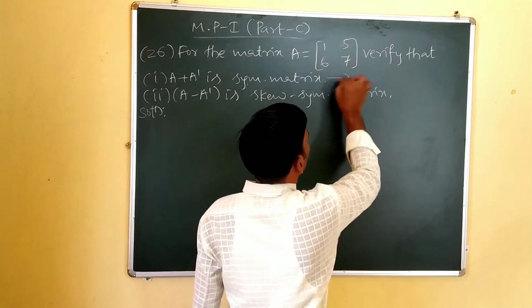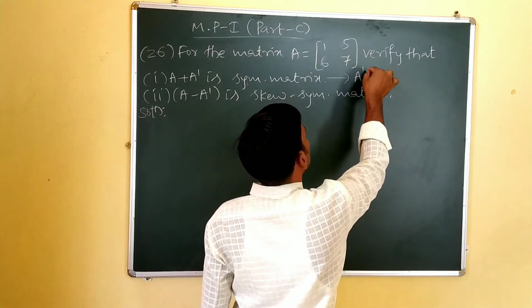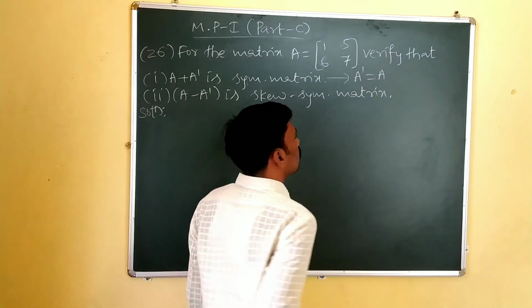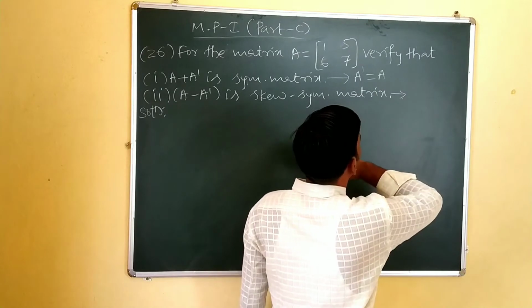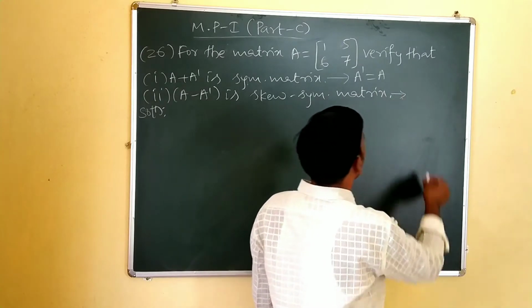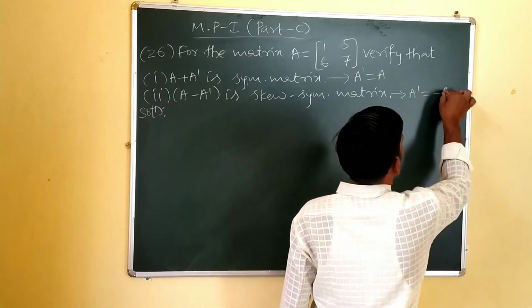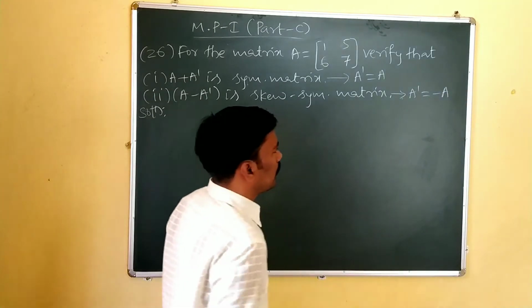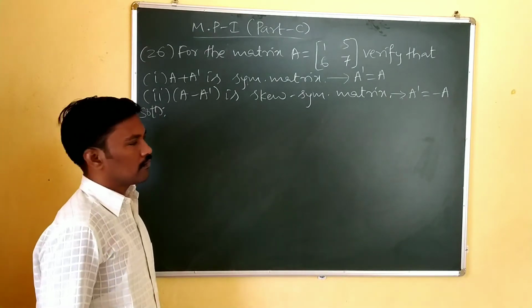Symmetric matrix means we need to prove that A dash is equal to A. For a skew symmetric matrix, A dash must be equal to minus A. These are the conditions for symmetric and skew symmetric matrices.